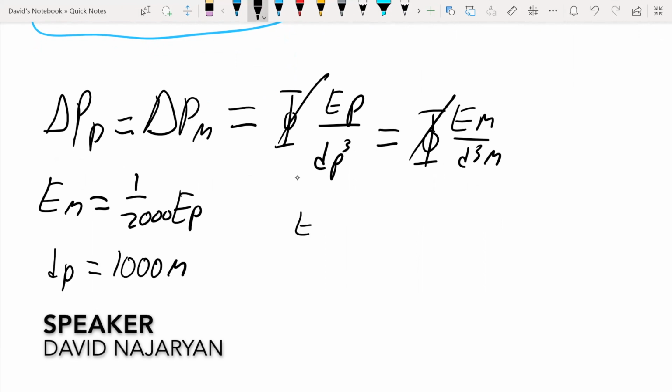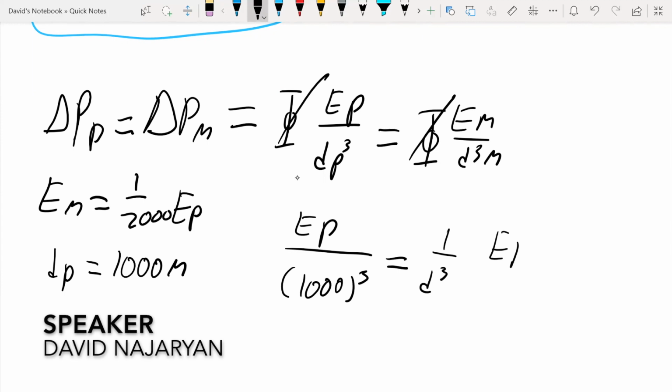So plugging these in, we have this equation. Energy of our prototype over 2000. We can cancel out the energy.